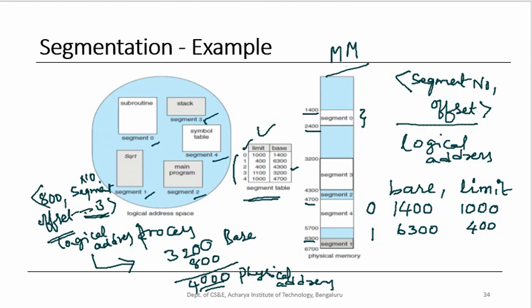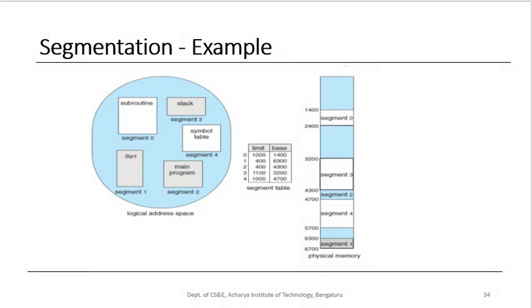I hope you understood. Let me give you another example. Before that, let me erase all this. Let us say we are trying to access the 53rd byte from segment 0.